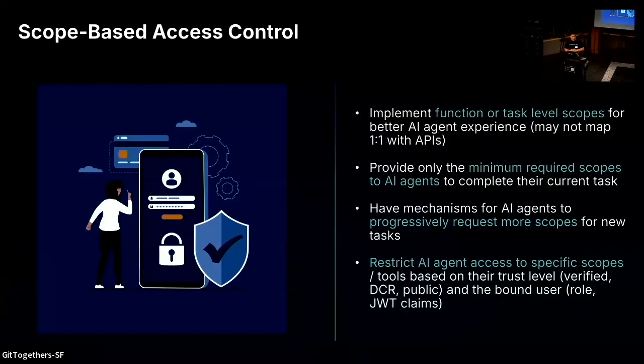And so with that, if you have a scope defined for every single tool, then providing the minimum number of scopes at the beginning is very, very important. And you can use that to make sure that your agents are never over-permissioned. And then you can have mechanisms to progressively ask for more scope. This is something that is in the MCP spec now that is actually relatively new.